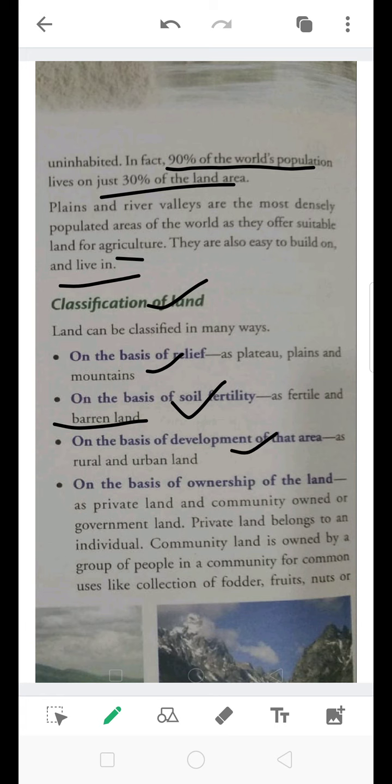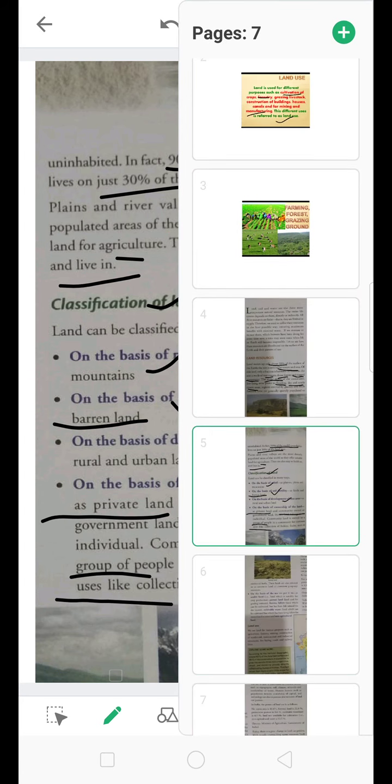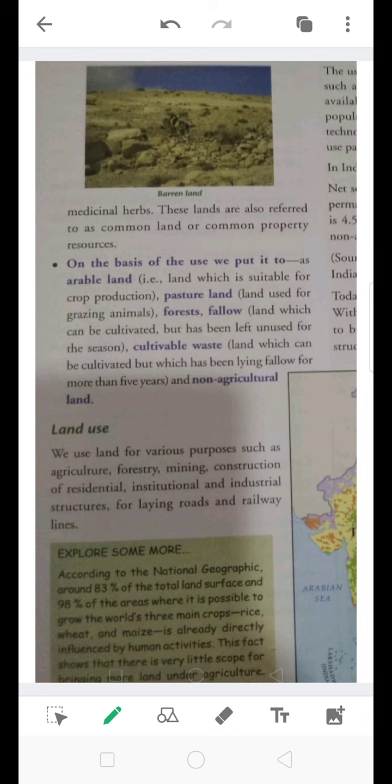On the basis of ownership of land: now land is a natural resource, but whether it is occupied by a human being, whether it is taken away by a private company or not. There is private land and community-owned or government land. Private land belongs to an individual. Community land is owned by a group of people in a community for common uses like collection of fodder, fruits, nuts or medicinal herbs.